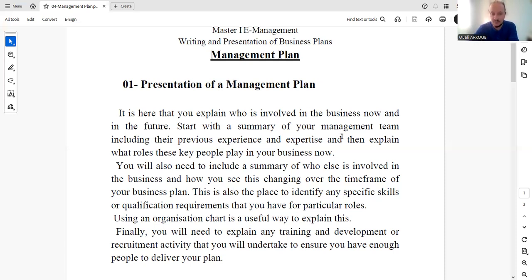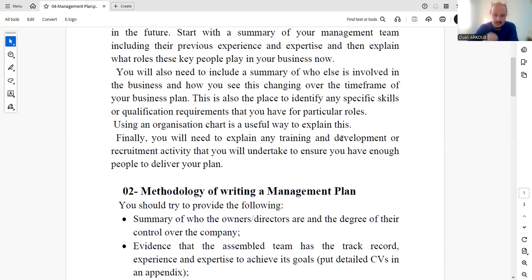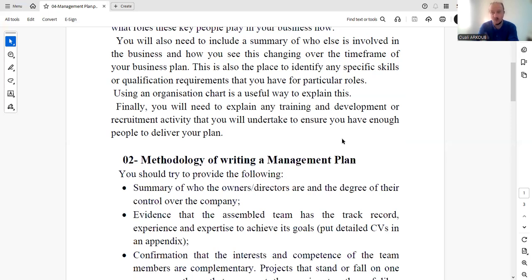This is most important. The methodology of writing a management plan, you should try to provide the following points or elements in management plan. The first is a summary of who the owners, like you, the owners, directors or managers are, and the degree of their control over the company, directors, managers, or also owners and partners.